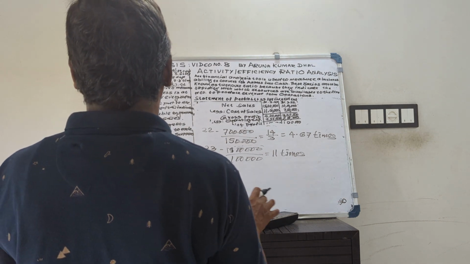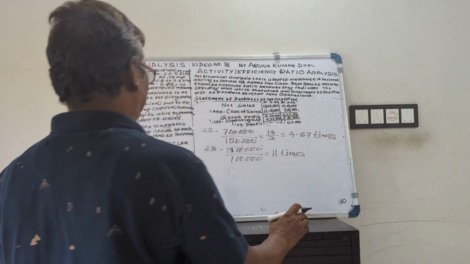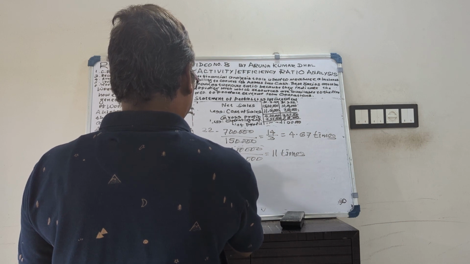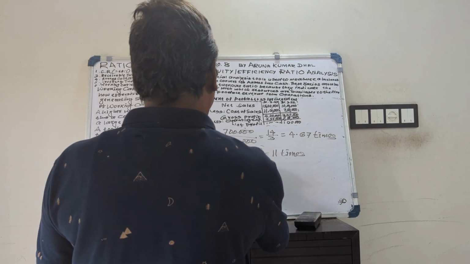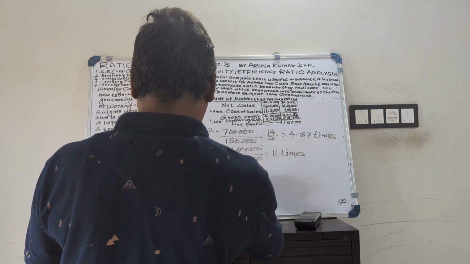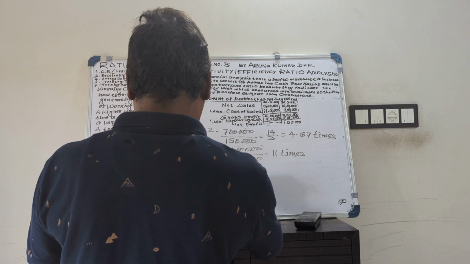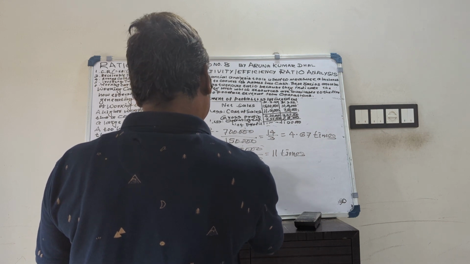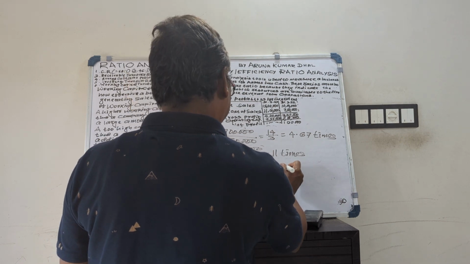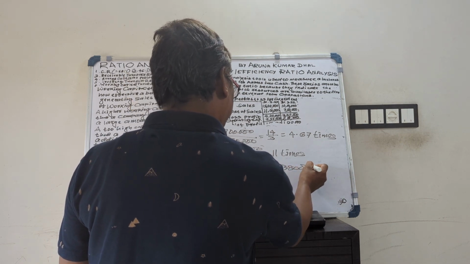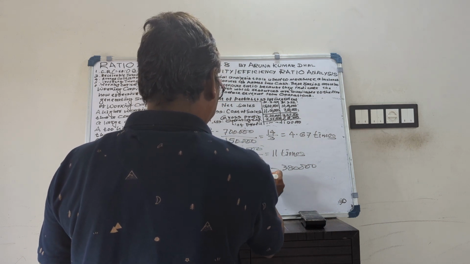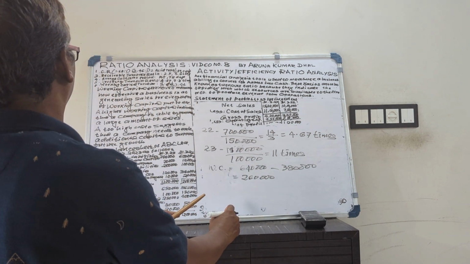Then we will calculate working capital turnover ratio. So working capital is current asset minus current liability. Current asset in 2022 is 6,40,000 minus current liability 3,80,000. So it is 2,60,000.